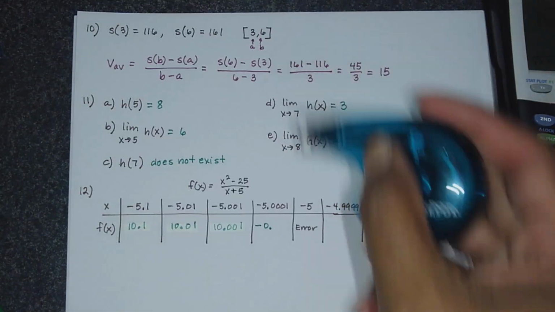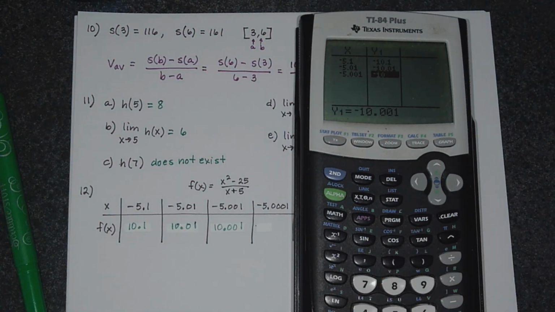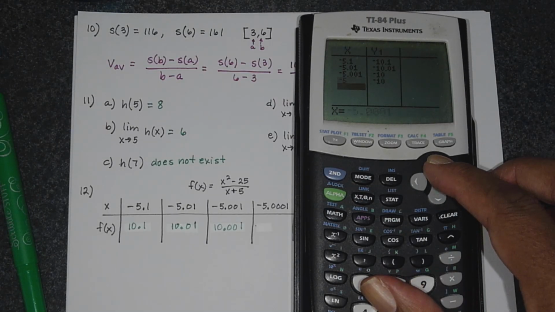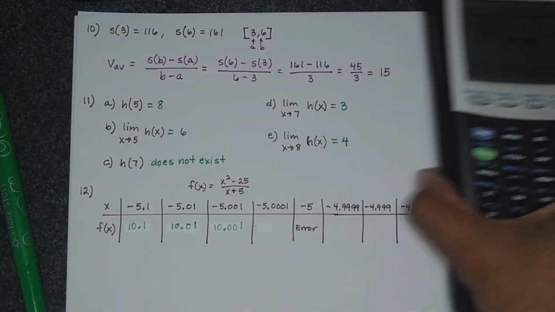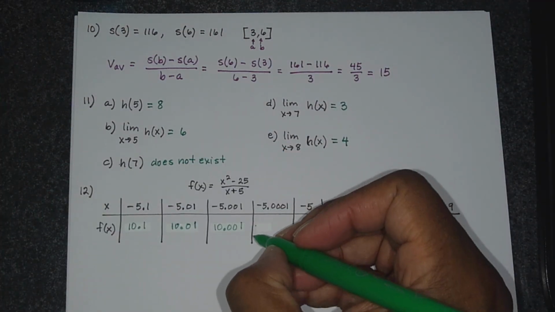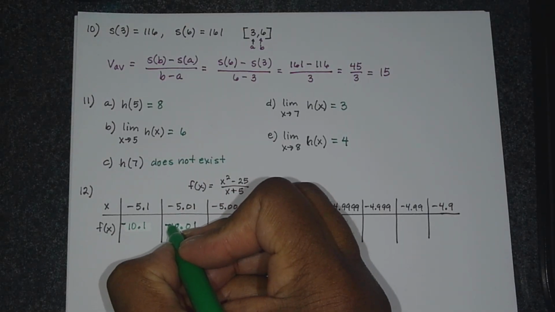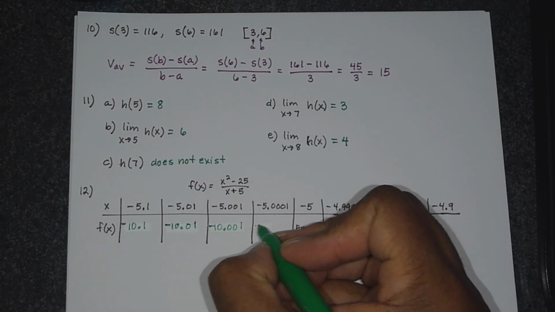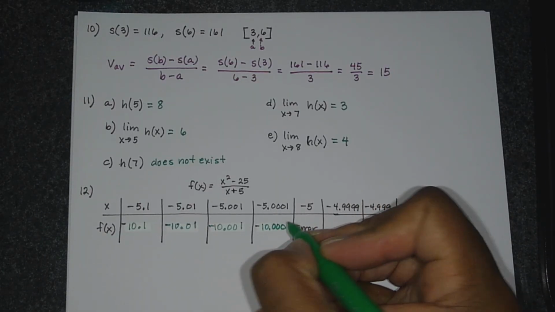And then let me wipe this out. Negative 5.0001. Up arrow and then across. Negative 10.0001.